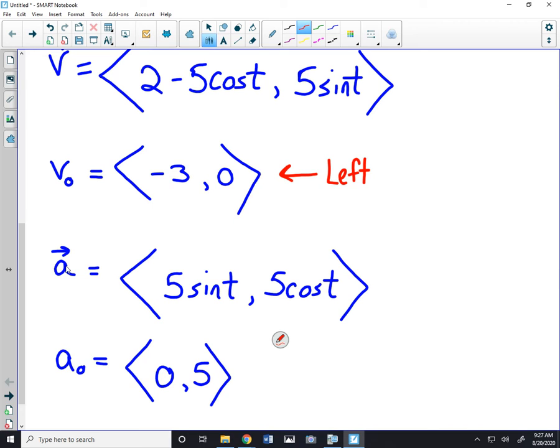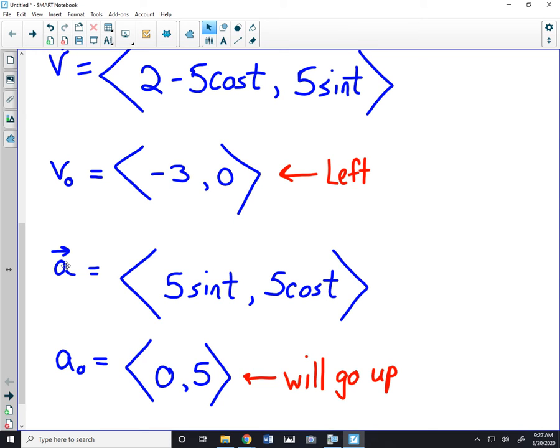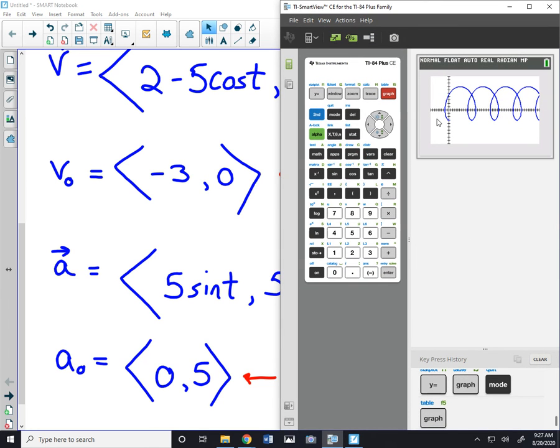And so this tells me that I will go up is the direction that is coming. And when you look at this graph, you will see that happen. Beginning, I go to the left. In the future, I'm going to go up. And so that is how that relates.